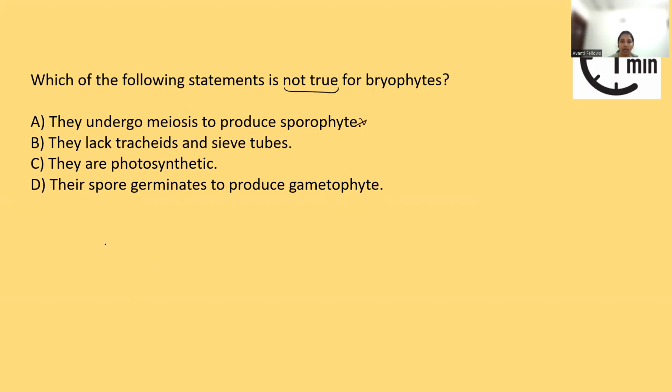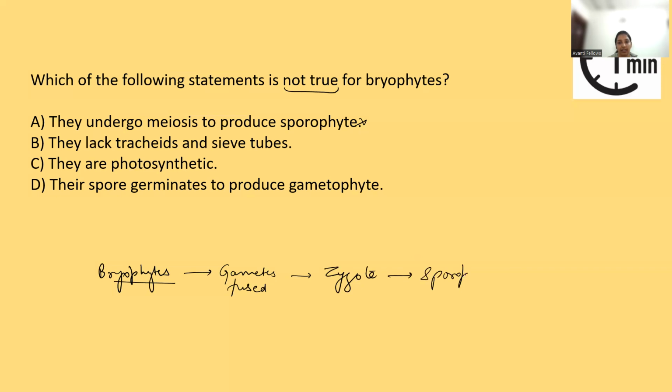This is wrong because in bryophytes, when the gametes get fused, they produce a zygote. The zygote forms the sporophyte. So the sporophyte is forming from the zygote without undergoing meiosis. Now this sporophyte will have spore mother cells.